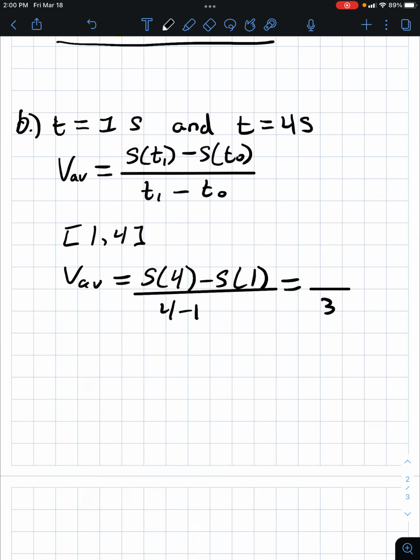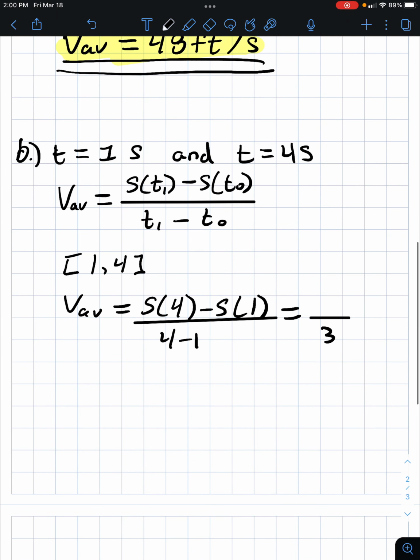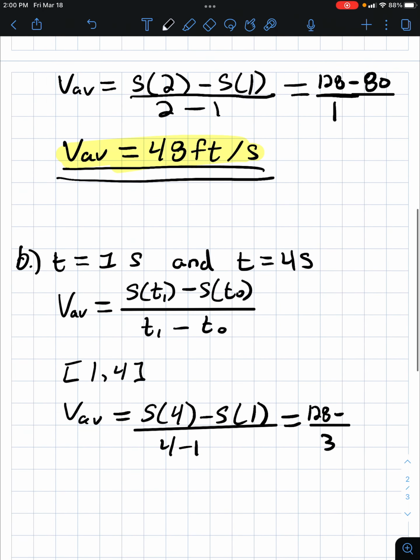And then our numerator is going to be s(4). So that's going to be 16 times negative 16 plus 96 times 4, and that's going to be equal to 128, minus s(1). Remember we found s(1) previously to be equal to 80 feet.